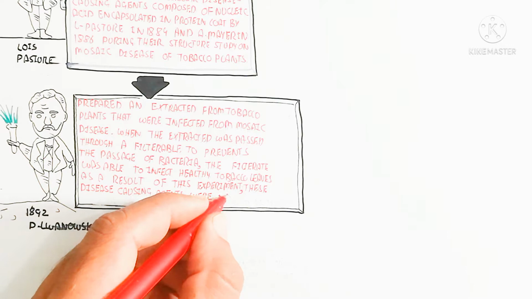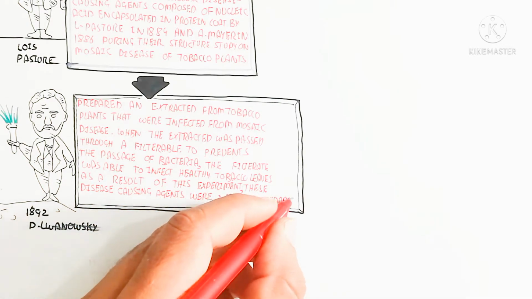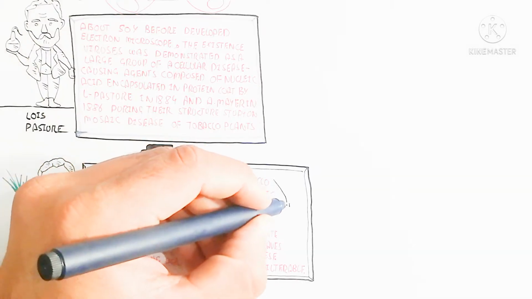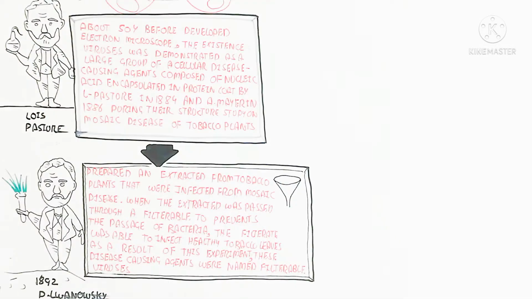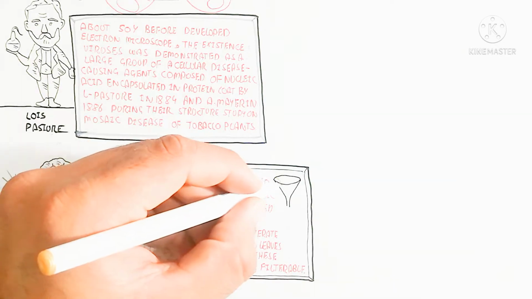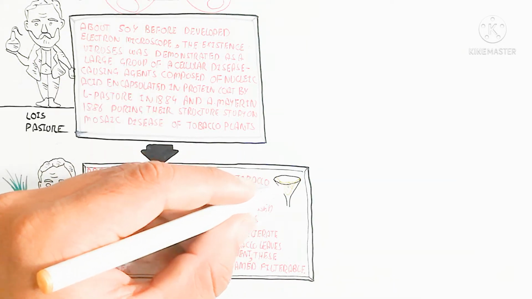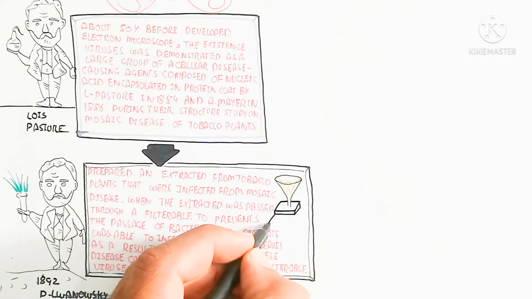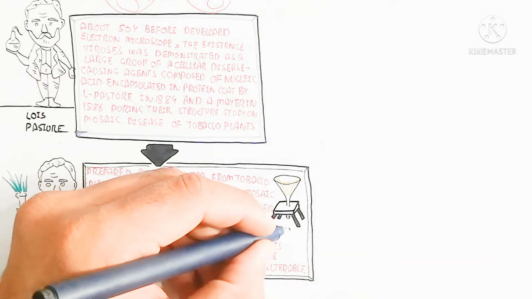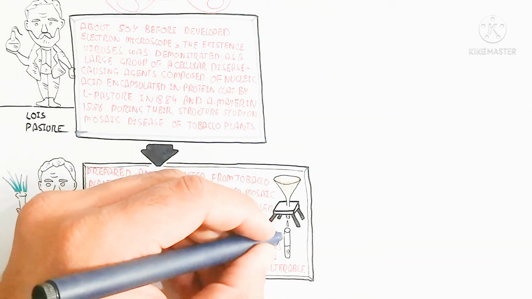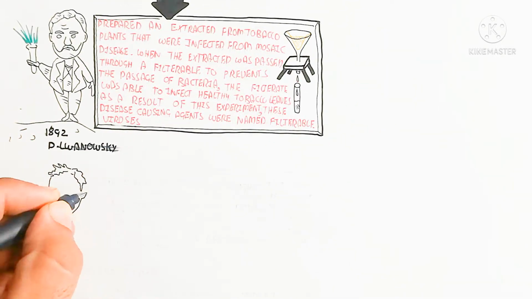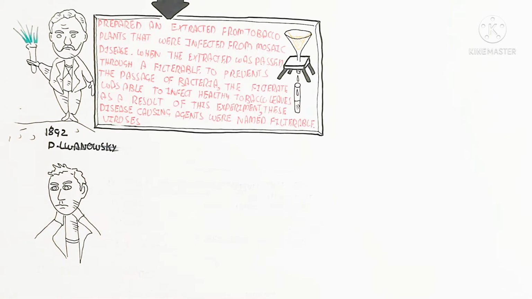Because they are very minute compared to bacteria. With filter paper, for example, the bacteria are held back because they are bigger than the virus, but the smaller agents pass through and cause disease again when put on the tobacco plant.